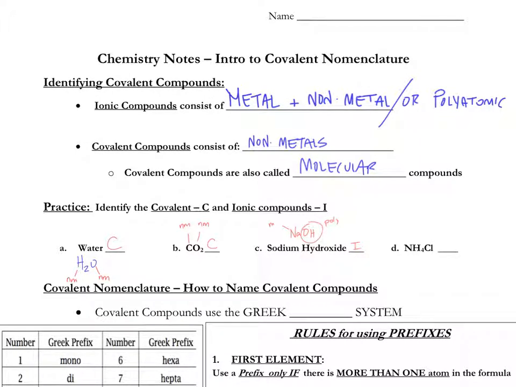And my last one here is ammonium chloride. Well, ammonium was a polyatomic ion, and chlorine is a nonmetal. But because I have a polyatomic ion, that automatically makes this an ionic compound.